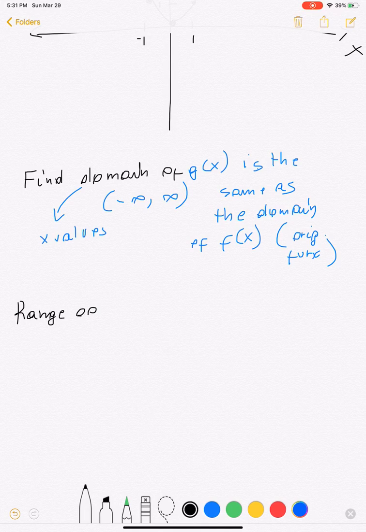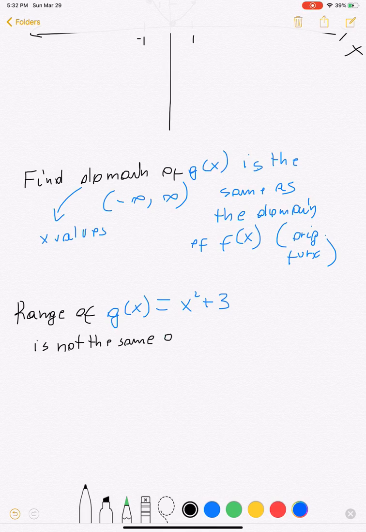Now we need to find the range of g of x. Again, g of x is the function x squared plus 3. Let me first write down that it is not the same as range of f of x.